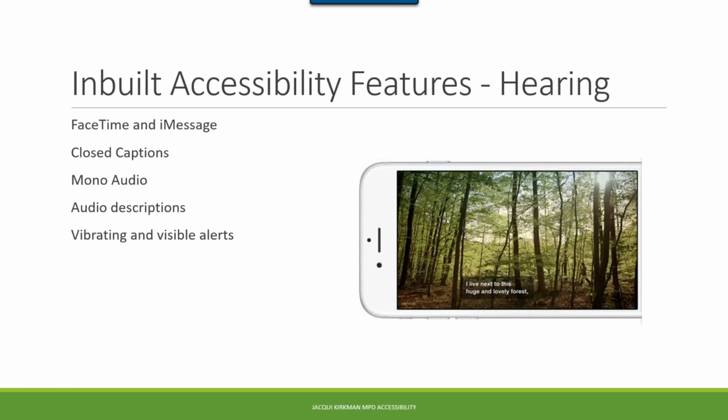So wherever a web page or an app has audio descriptions embedded, then it will give you audio descriptions. And another possibility is vibrating and visible alerts, so that when your phone rings or you get a text message or your alarm goes off or whatever, your iPad can vibrate or it can flash.